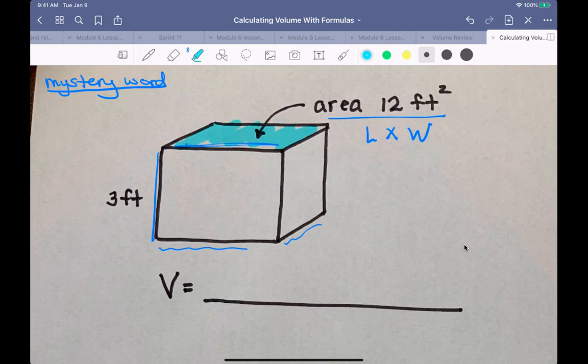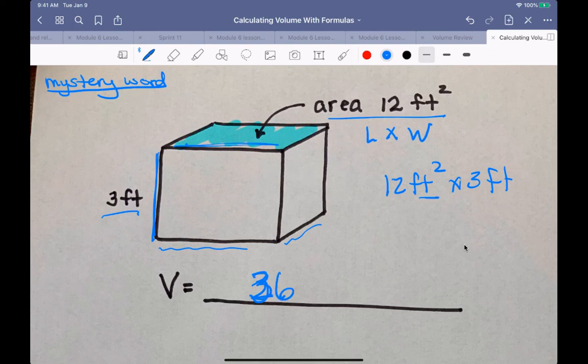So the area of the top face is 12 feet squared because it's area, and I'm going to multiply it by the other dimension, which in this case happens to be the height. So 12 times 3 is 36. And it's feet squared times feet, which is feet cubed.